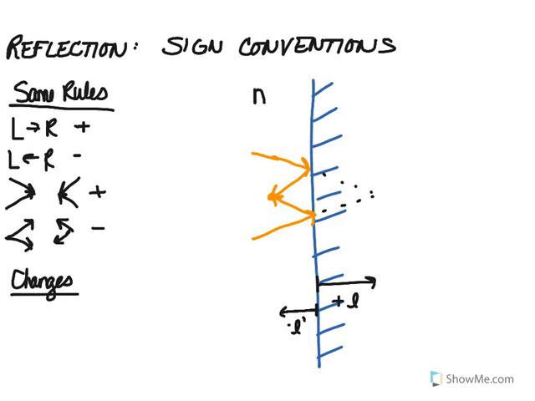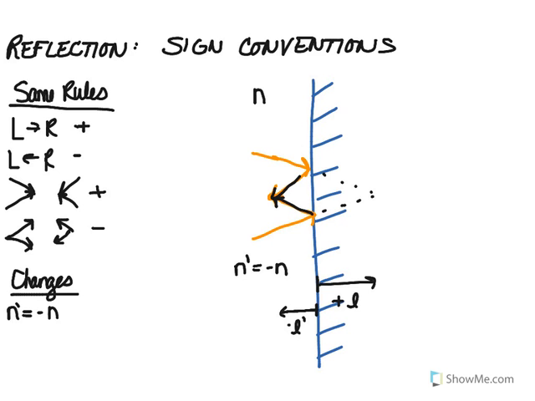So instead of saying that it's also an index of refraction of n, we say that since the light is traveling in the same medium but in the opposite direction, that the image space we're going to now call negative n. And you can actually use this in your refraction formulas. When you substitute negative n instead of n prime, you can use your refraction formulas for reflection.